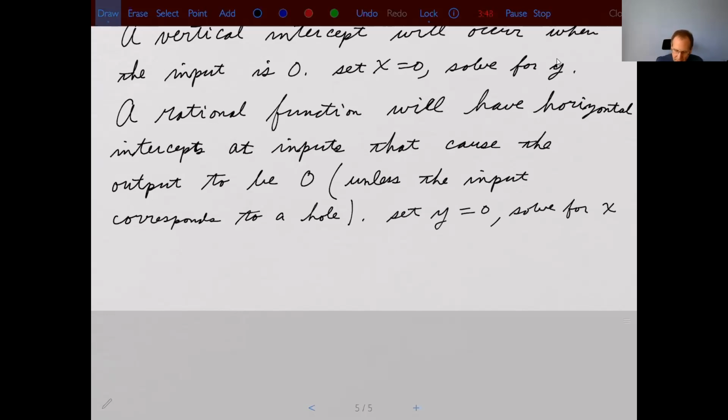So what does that really mean? It means ultimately to find horizontal intercepts, all you have to do is set the numerator of the rational function equal to 0 and solve.